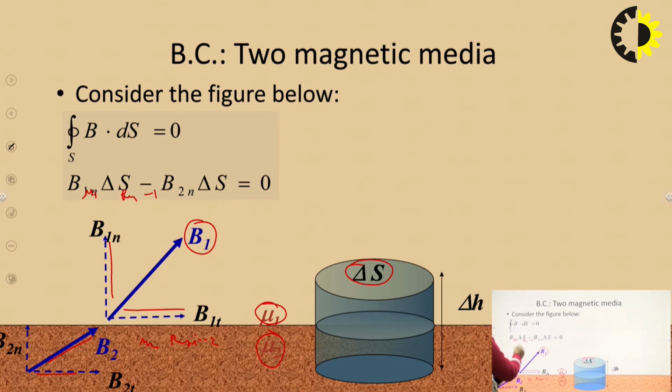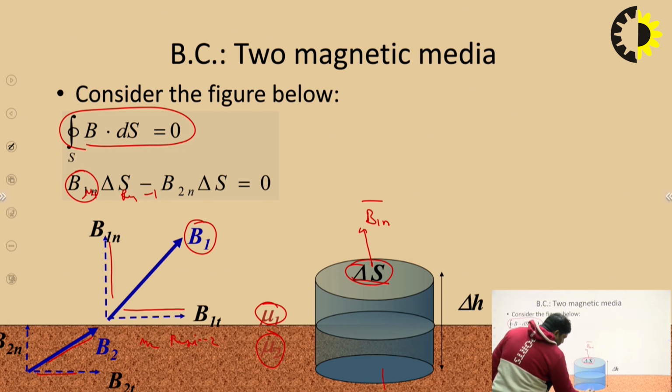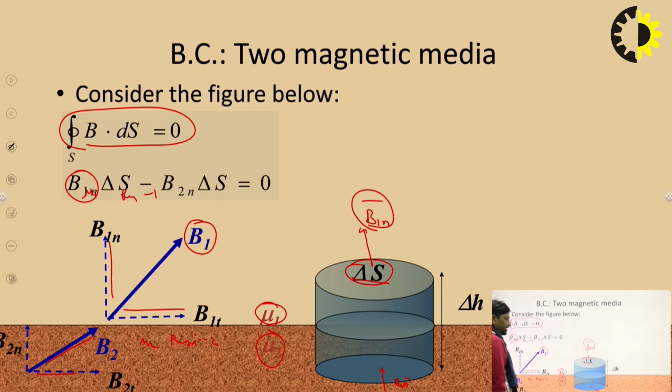So we know that B dot dS is equal to 0. In this case, in region 1 we have B1n delta S minus B2n delta S, where B1n is the normal magnetic flux density in region 1 and B2n is the normal magnetic flux density in region 2.